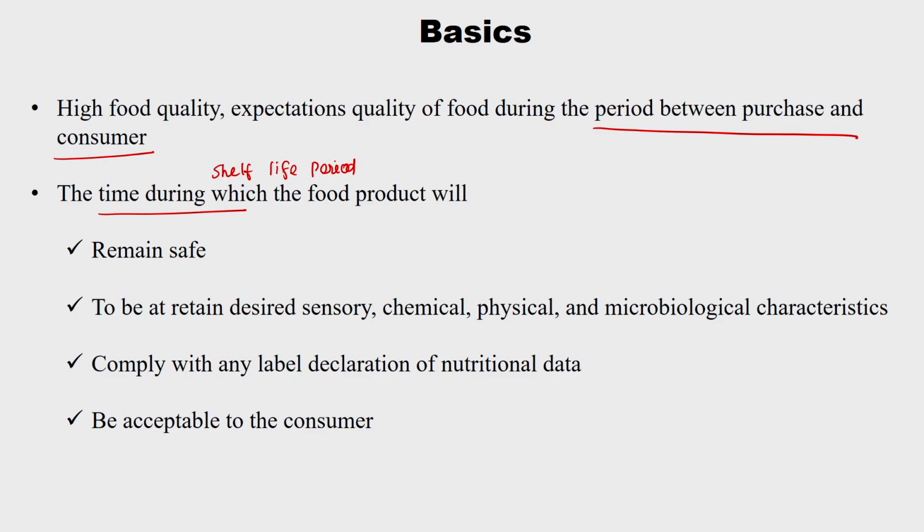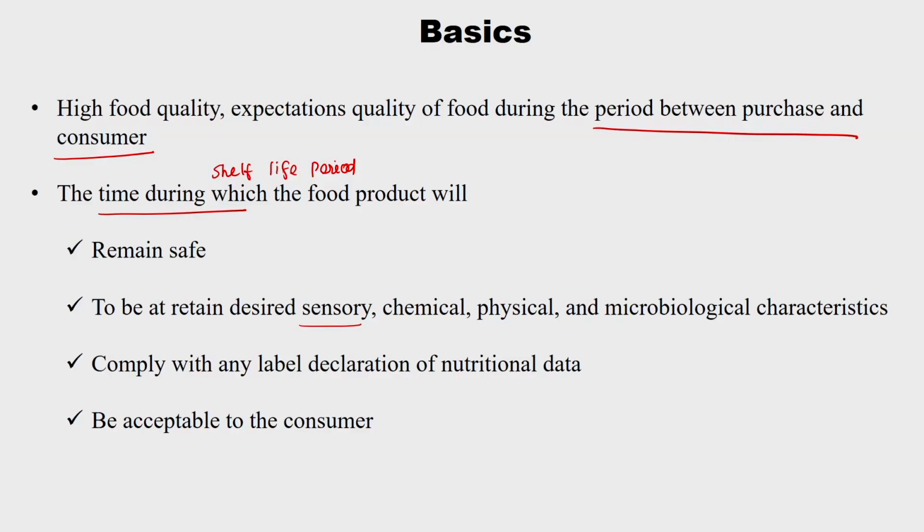characteristics. This we have already seen in many examples in the past 10 or 12 lectures: it should not give any odd taste and the color should not change. The physical characteristics come under the color, and the taste comes under the sensory properties. For chemical, it should not produce any unwanted enzyme which changes the quality of the food.